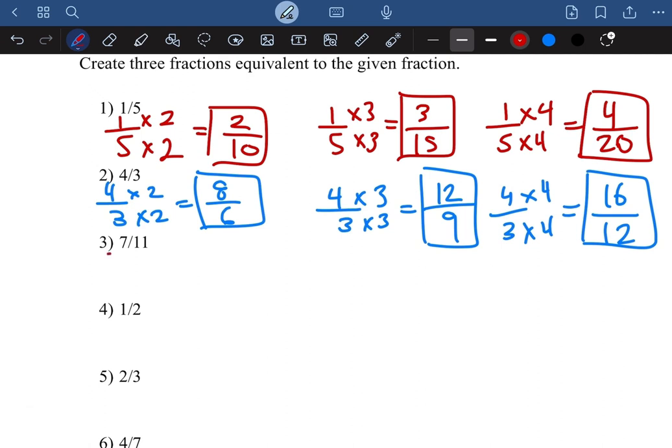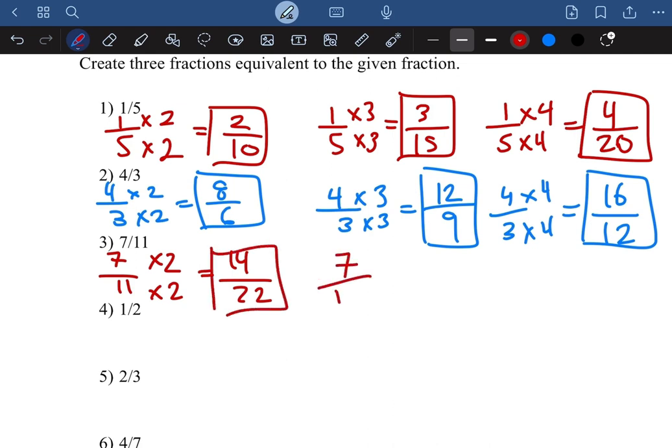Number 3, we have 7 over 11. So 7 times 2 is 14, and 11 times 2 is 22. So that's one of the equivalent fractions. Next, we're going to multiply it by 3 on both the top and bottom. 7 times 3 is 21, and 11 times 3 is 33.